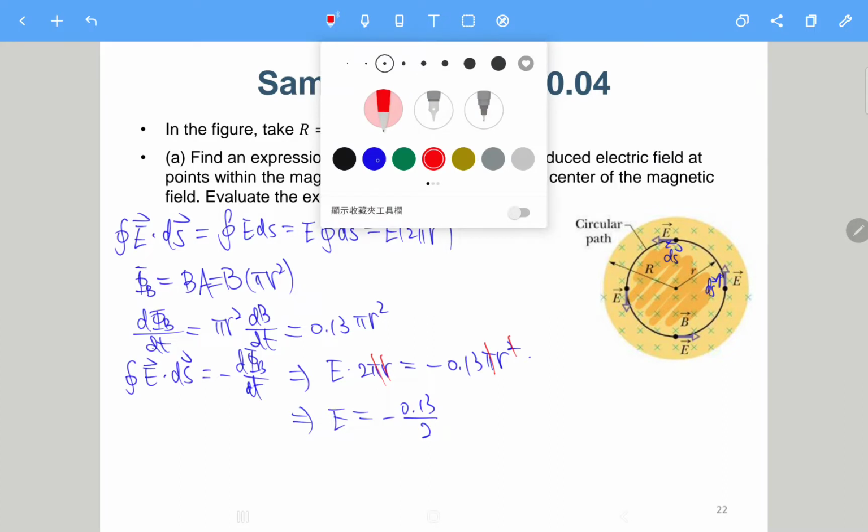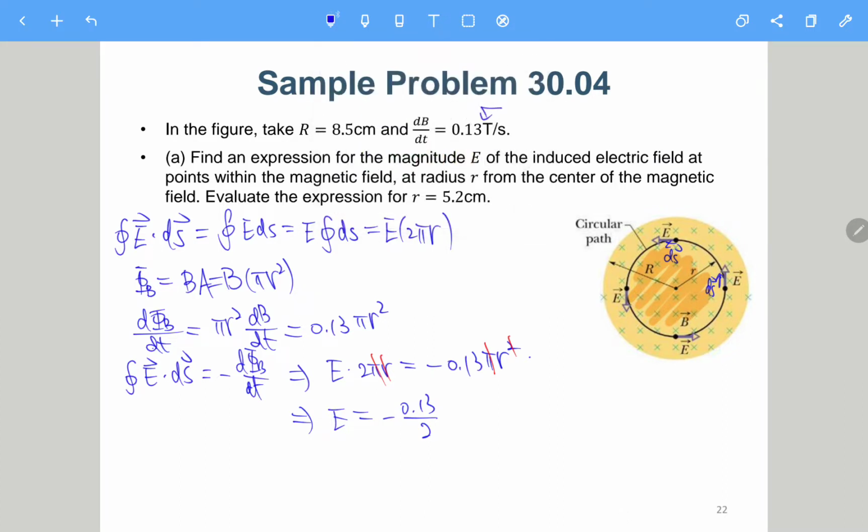So we only have r here, which is nothing but negative 0.065 r. And then if we just consider the magnitude, which means that we take the absolute value, E should be 0.065 r.